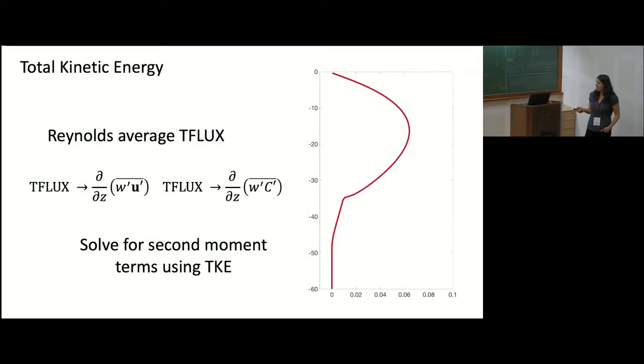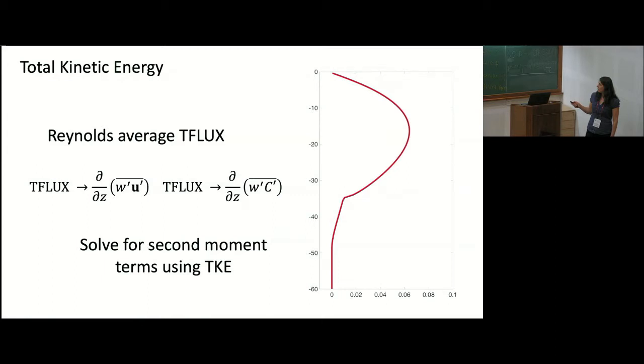A popular one is to end up with second moment terms for W prime U prime and W prime C prime, and then solve for these terms using a TKE approach and moving the model forward in that way. And this is very popular for people who care about specifics of mixing near the surface or near bottom boundary layers, and is used also in the engineering community, not just the ocean community.